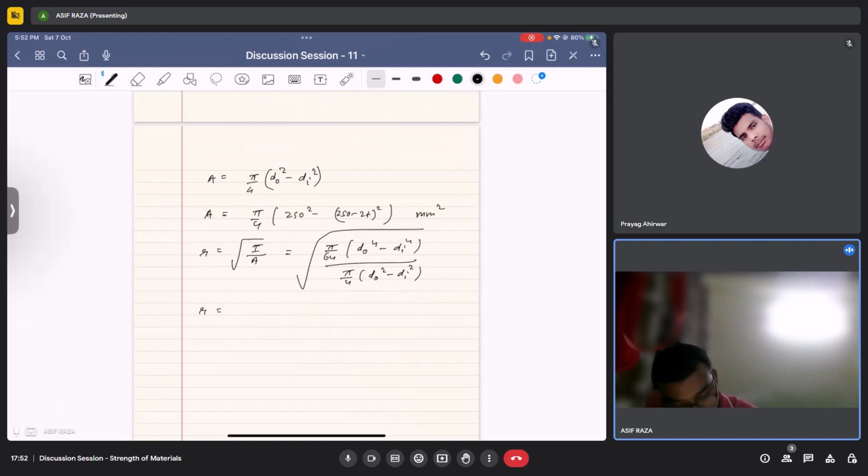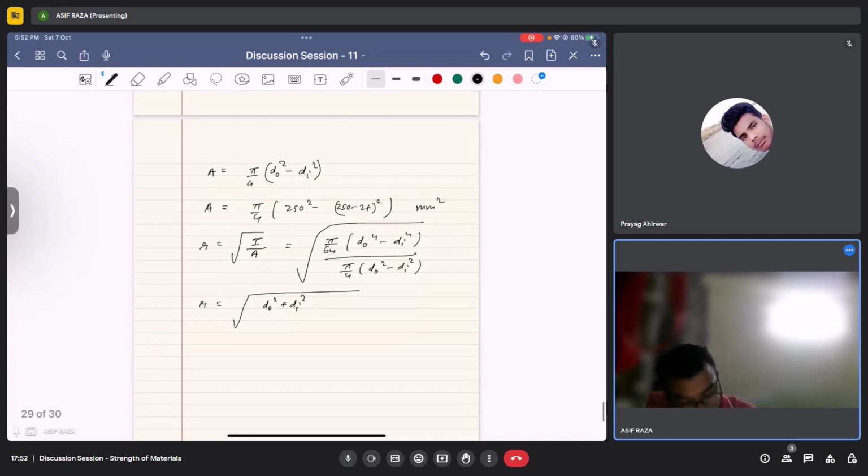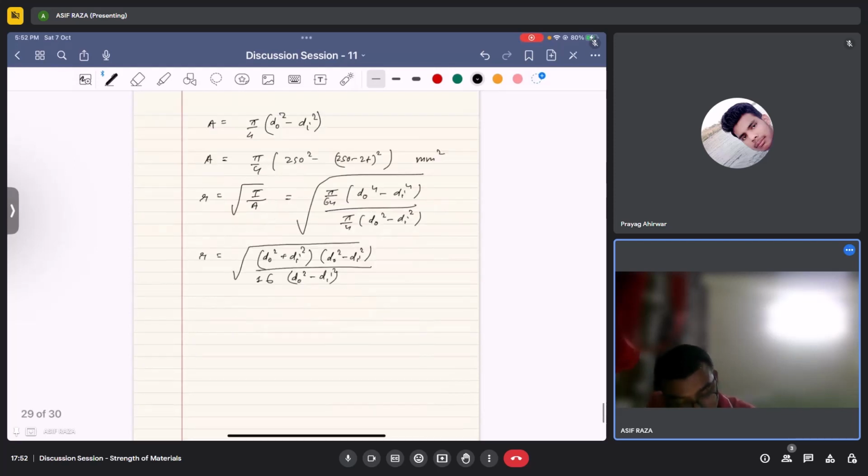This can be simplified as t naught square plus di square upon t naught square minus di square times 16.